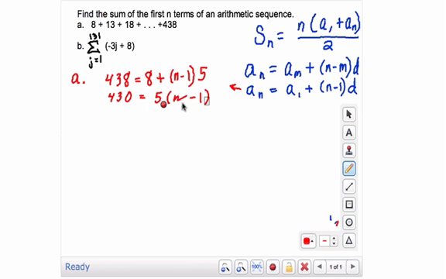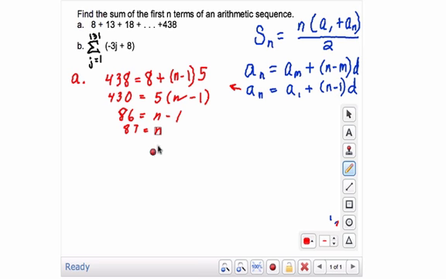You could divide both sides by 5, or you could distribute the 5 through and solve the equation that way. I like to just divide by 5. So 430 divided by 5 gives me 86. It will work out to the same thing either way. Now add 1 to both sides and you get 87 equals n.